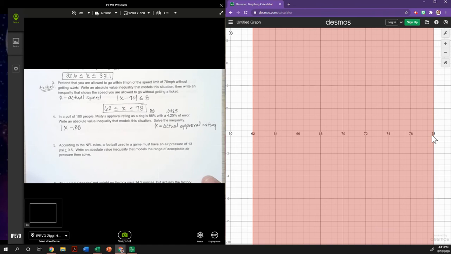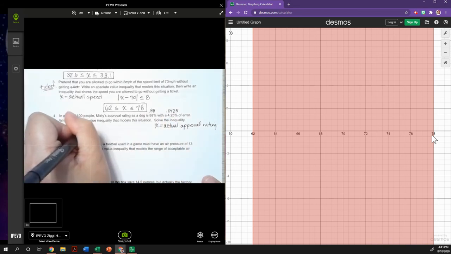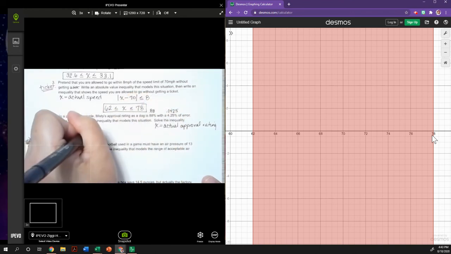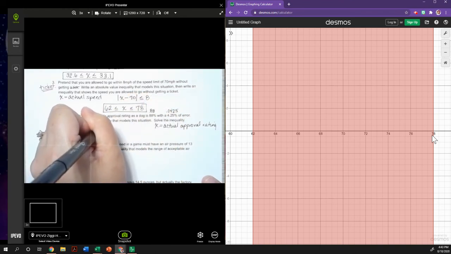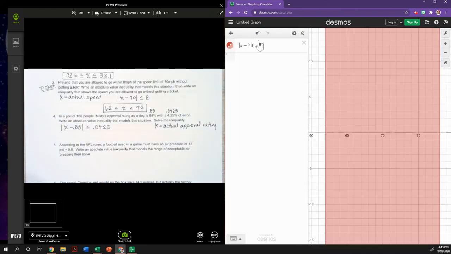So 88% is 0.88 with an error, okay, less than or equal to 0.0425.